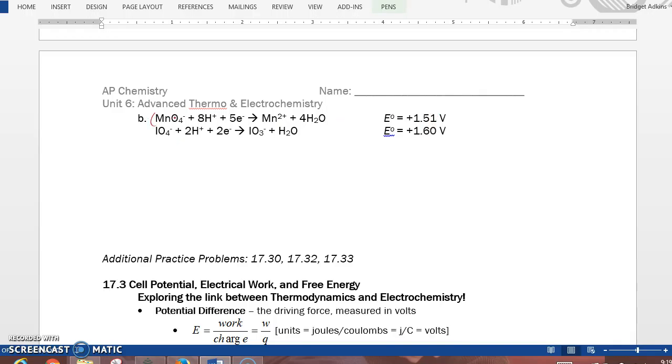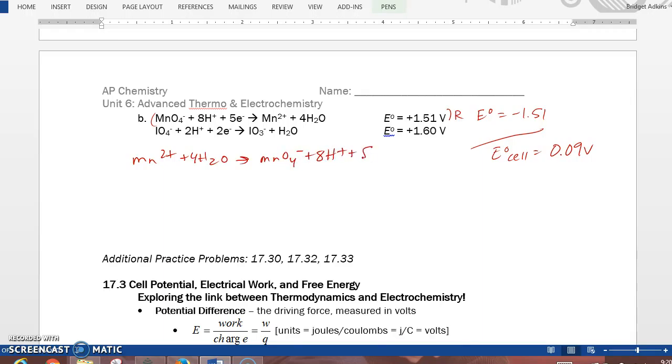Again, who do we pick to flip? It's got to be this first one, because that's the only way you'll get a positive number when you sum them up. So when I do E naught cell for this, you get barely spontaneous. You get 0.09 volts. Alright, and so if this reaction is flipped, we have Mn2 plus 4 waters forming MnO4 minus plus 8H plus 5 electrons.